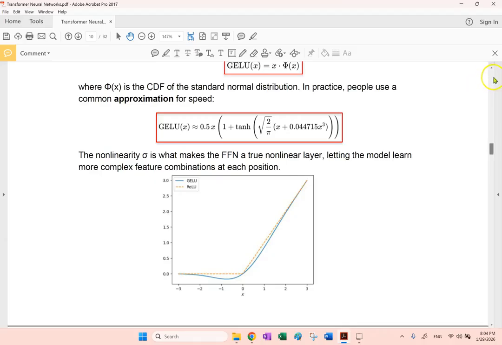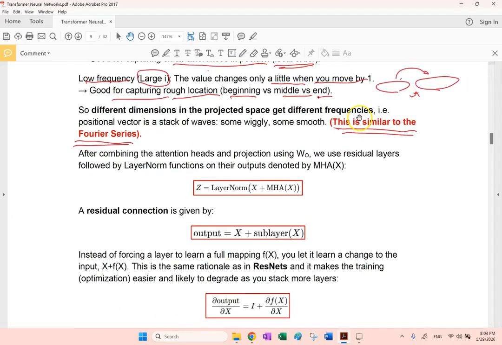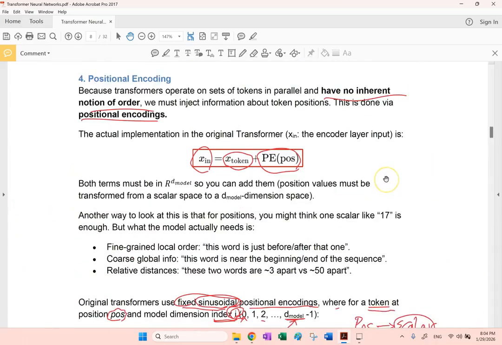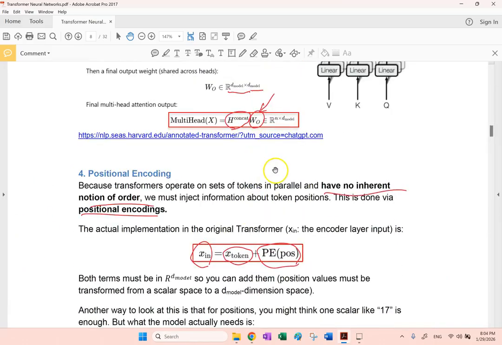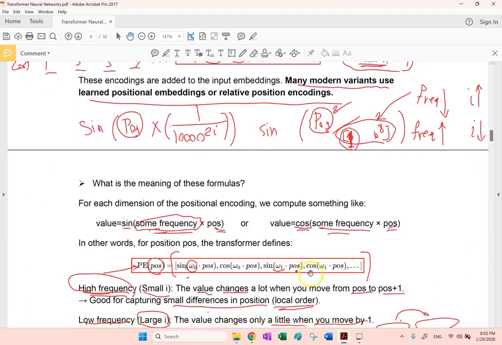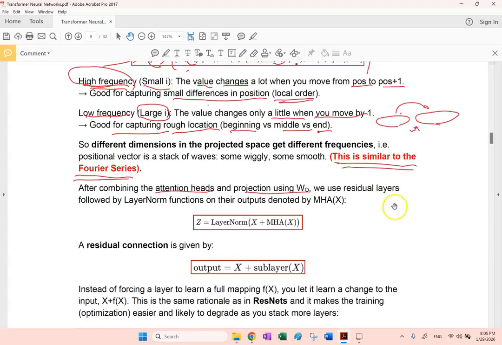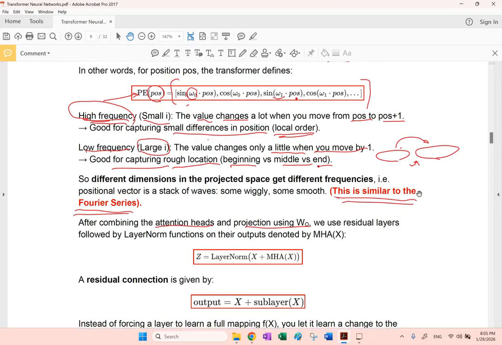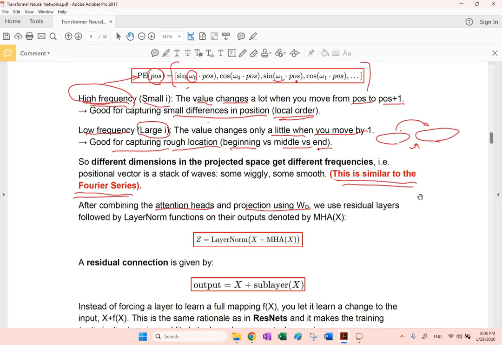Let's go back. So after combining the attention heads and the projection WO, which I just explained to you, it's this projection that you have. Once you do that and you add your positional embedding, you pass it to multi-head attention layers.